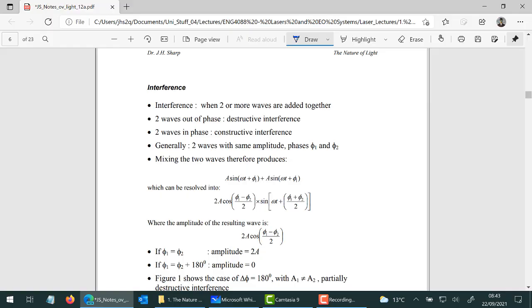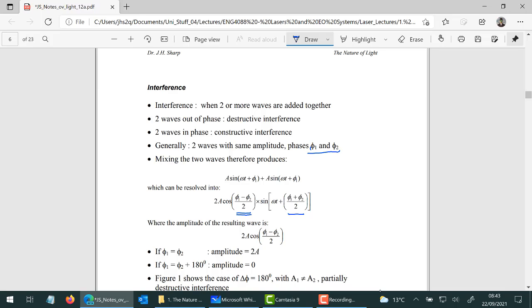So if we take some sort of random phase difference, so we have two waves, one with phase phi 1 and one with phase phi 2, then adding them together we just have the sum of sines, and sine plus sine is 2 cos semi-difference times sine semi-sum.